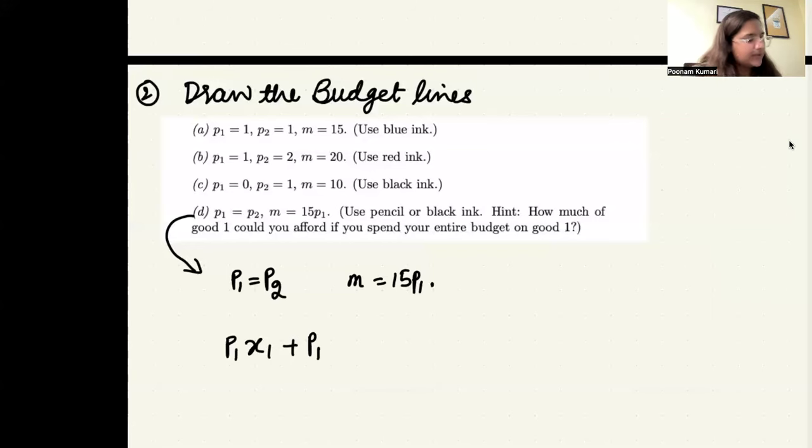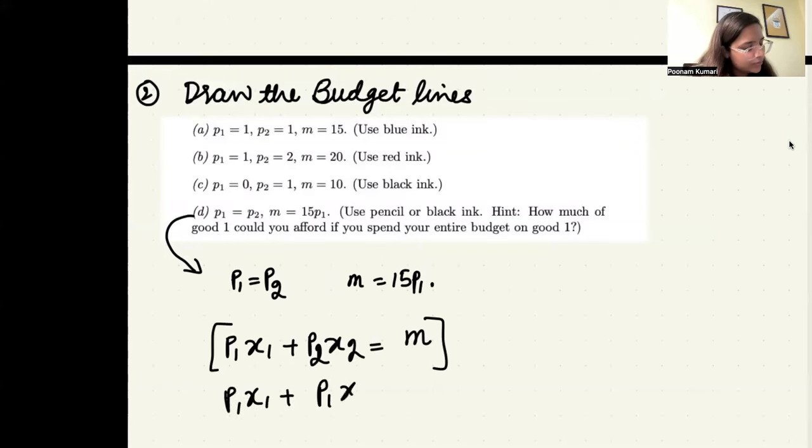ओके परफेक्ट. सो जब भी ऐसी कोई सिचुएशन आए सबसे पहले क्या करना है, लेट्स ट्राई विद द यूजुअल स्टफ. जो हमारी यूजुअल इनकम होती है वो ये होती है, बजट लाइन जो होती है वो ये होती है. लेट्स ट्राई टू राइट दैट एंड देन लेट्स ट्राई टू मेक ऑल द रिप्लेसमेंट्स. सो P1 x1 प्लस P1 x2 is equals to M. What is M? 15 times P1, right? ठीक है.